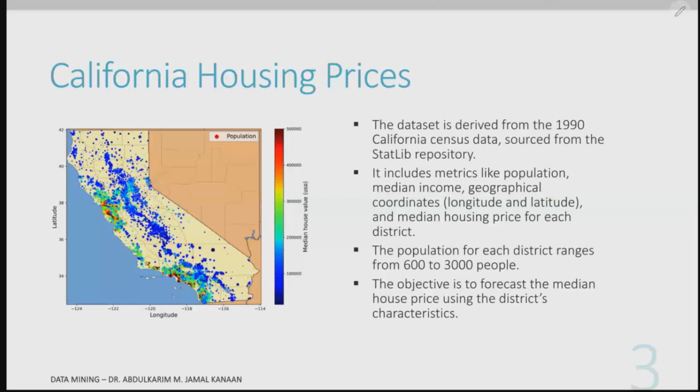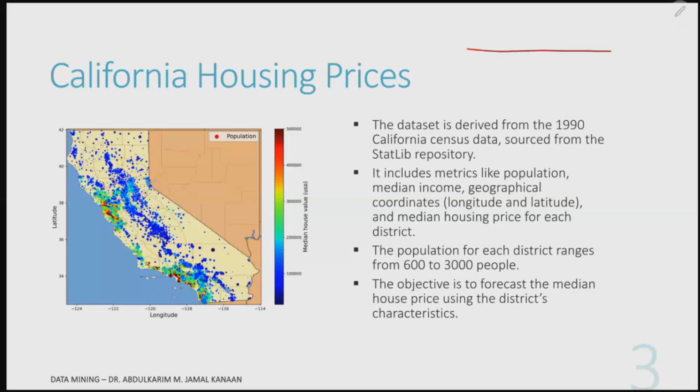But instead of having a data set where each record represents one house, you need to understand the data set: each record inside the data set does not represent one house. They collected data for all houses, but then they aggregated the data. They came to the first district in California, took all the houses available, and aggregated the data.